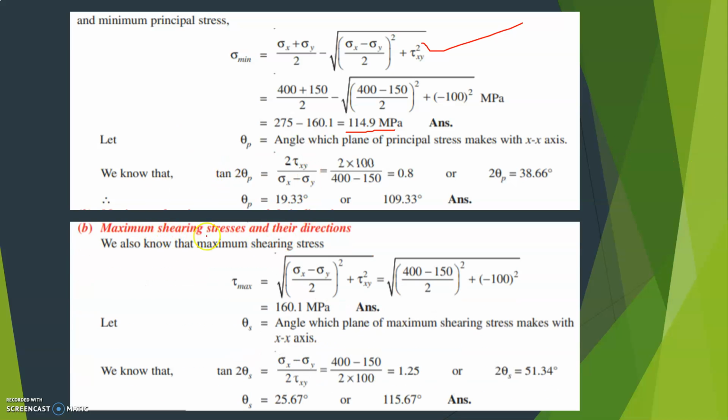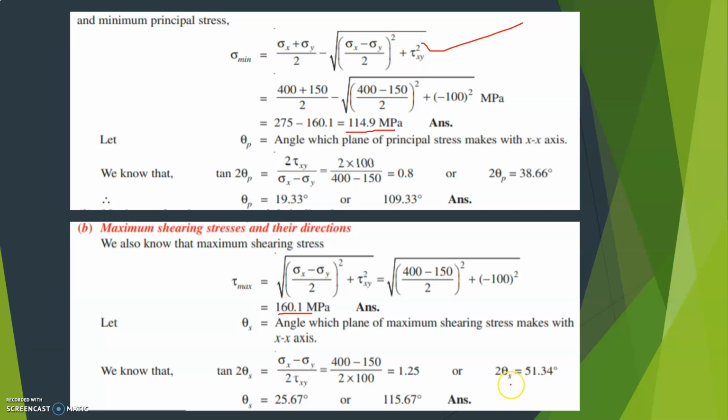Okay, then you have to find the maximum shearing stress and the direction. This is the formula given here. Substitute all the values, you get this answer. Okay, and then you have to again calculate theta s, that is given by this equation: tan 2 theta s is equal to (sigma x minus sigma y) divided by 2 times tau xy.